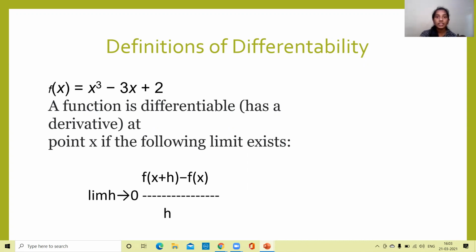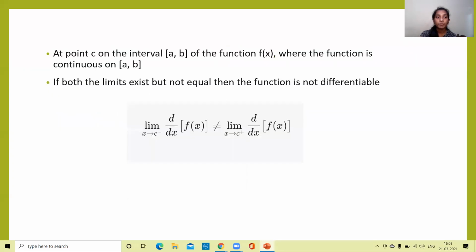Now let's see another definition of differentiability. At a point c on the interval a comma b of the function f of x, where the function is continuous on ab, if both the left-hand limit and the right-hand limit of the derivative of f of x at c exist but are not equal, then the function f of x is not differentiable at the point c.